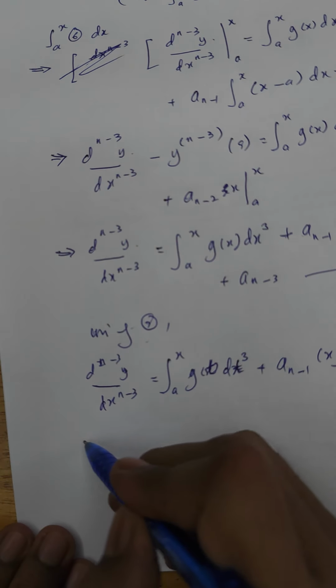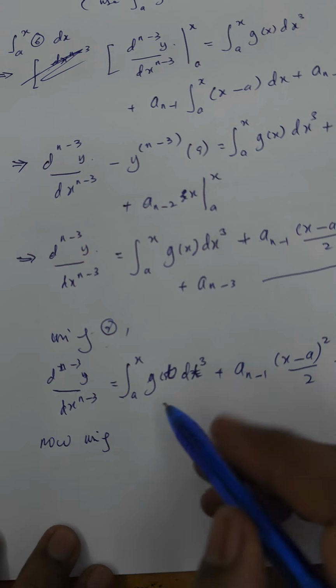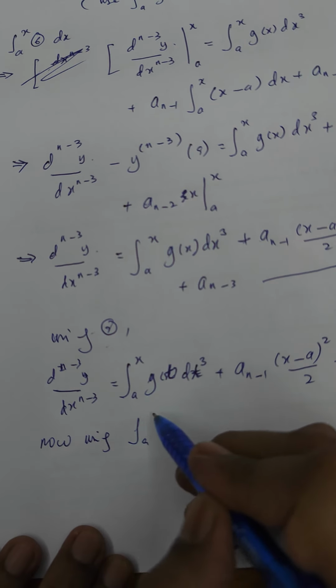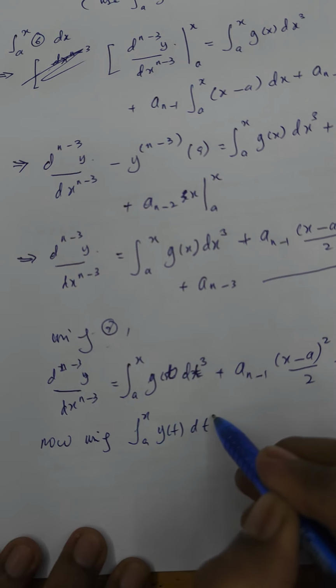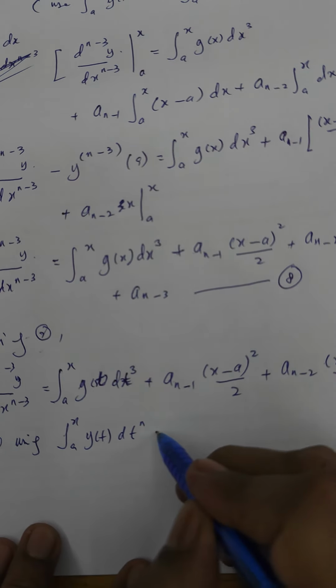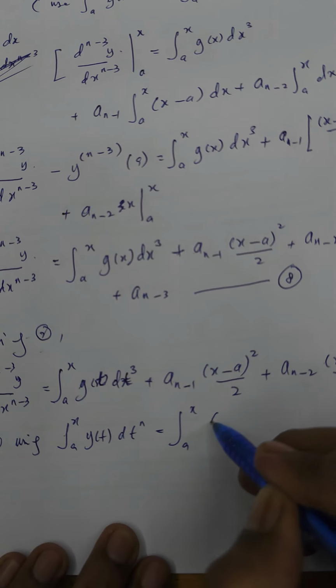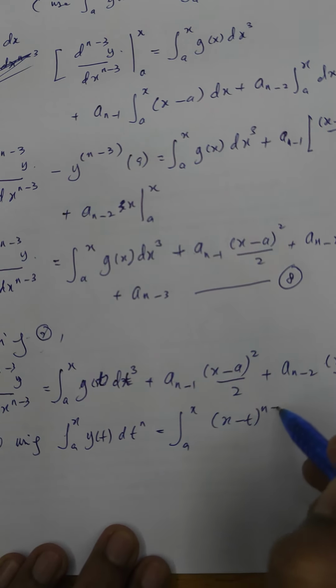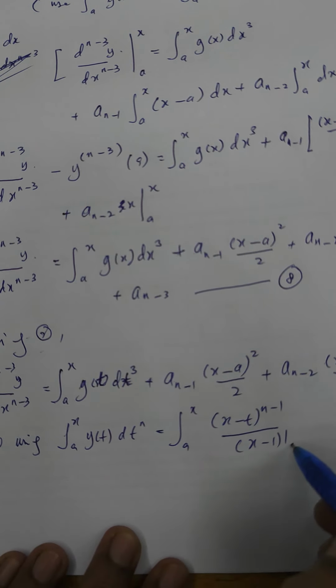Alright. Now, using the integral from a to x of y(t) dt, n times, equal to the integral from a to x of (x minus t)^(n-1) over (n-1)! times y(t) dt.